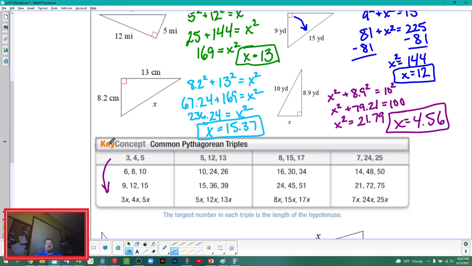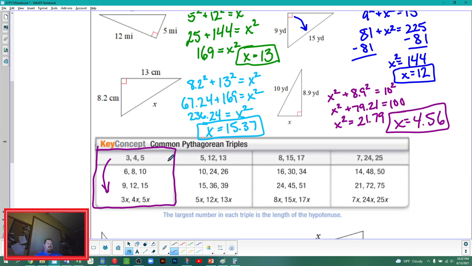My main thing that I want you to track down and get a hold of is really this column here. This is something that I think we should all know and be able to use. But that doesn't just mean knowing that sides of 3, 4, and 5 make a right triangle. It's also 6, 8, and 10, 9, 12, and 15, and so on.